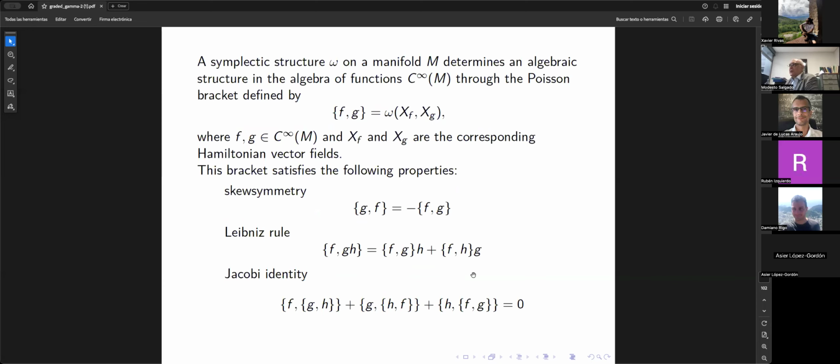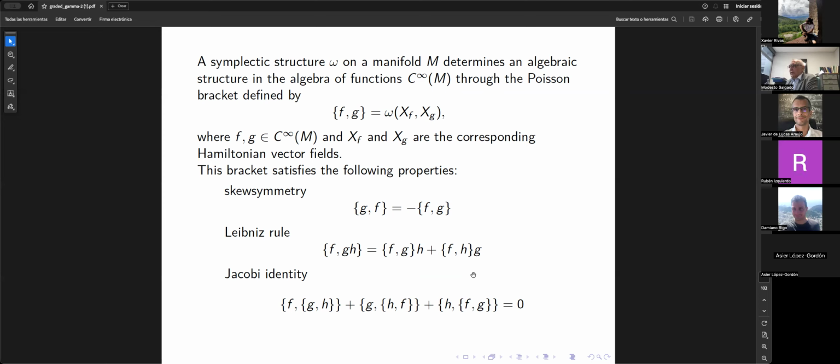In addition, if we have a symplectic structure, we can define an algebraic operation in the algebra of functions on the manifold, defining the Poisson bracket. The bracket of f and g is just omega applied to the corresponding Hamiltonian vector fields.